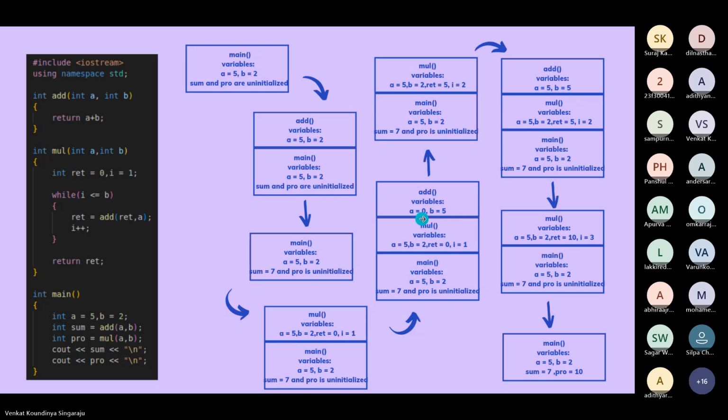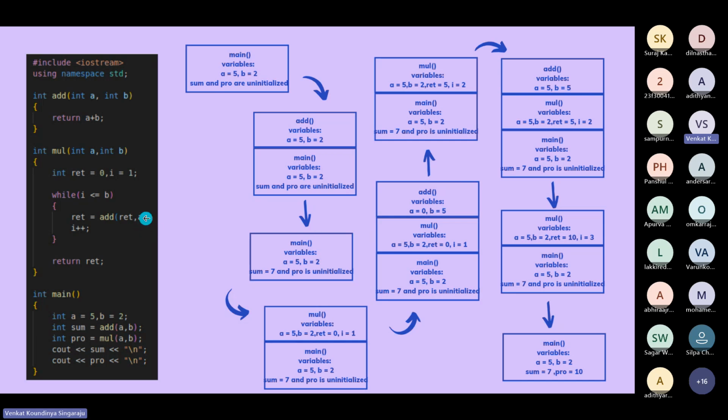So when you pass ret and a to add function, ret is 0 and a is 5. Just don't confuse this a and this a. a is basically the first parameter that you pass, b is the second parameter that you pass. Here, the first parameter that you're passing is ret, and ret is 0, so the first parameter a will be 0.